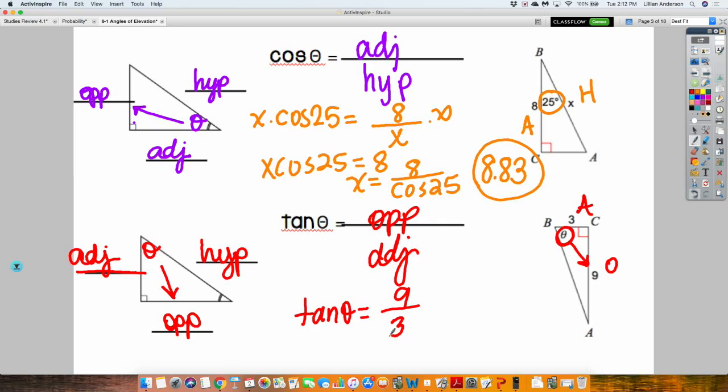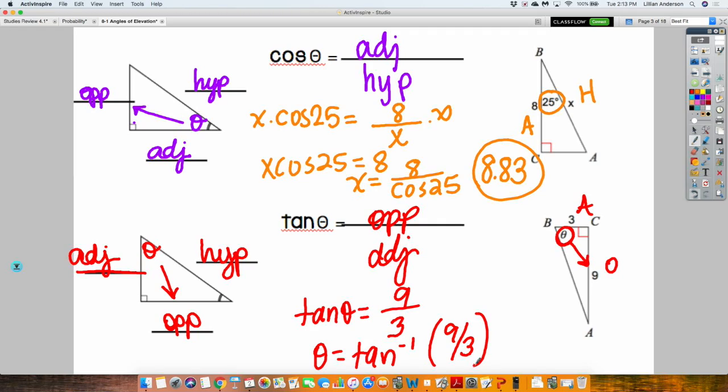But to answer this problem, I'm looking for an angle, which means I need to do the inverse. And remember, you get the inverse by pressing the second button and then the respective tangent button. So, for these TI 30XAs, you work backwards.